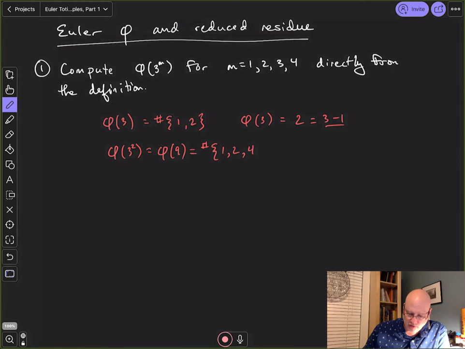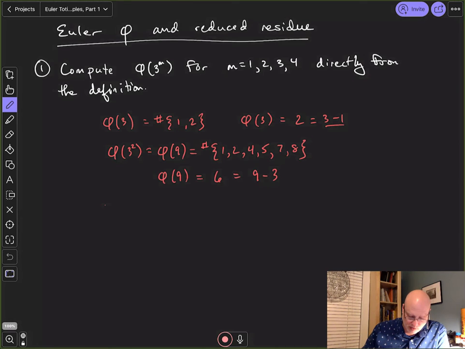But 4 works, 5 works, 6 isn't, but 7 is and so is 8. And then we get to 9 and we start over again, so we stop there. So it looks like we have 6 elements, so phi of 9 is going to be 6, which I can also write as 9 minus 3, which, like I said, is building towards what we're going for.